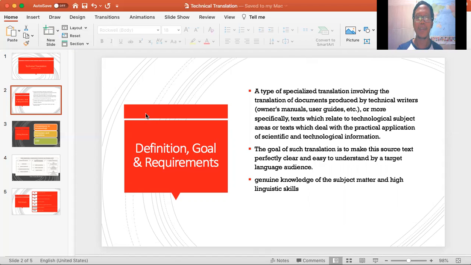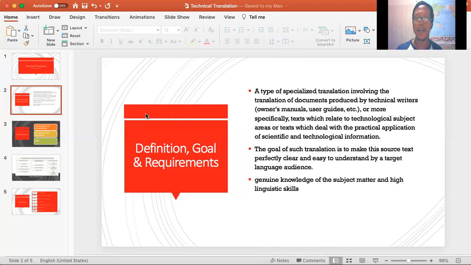But the examples of technical writings are manuals, user guides, and others. Or, to be more specialized, texts which relate to technological subject areas or texts which deal with the practical application of scientific and technological information. So that's basically the definition of technical translation.